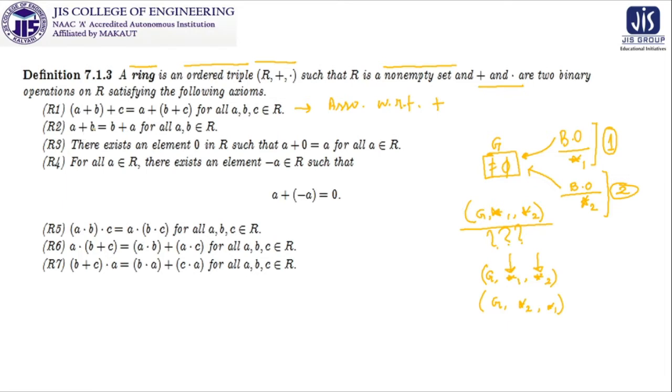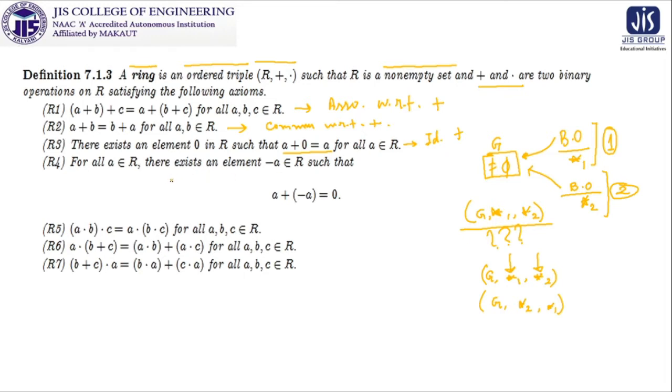And then a + b = b + a, that means it is commutative with respect to the first operation plus. Then it tells us that there exists an element 0 in R such that a + 0 = a for all a in R, which gives us the existence of the identity element with respect to plus.